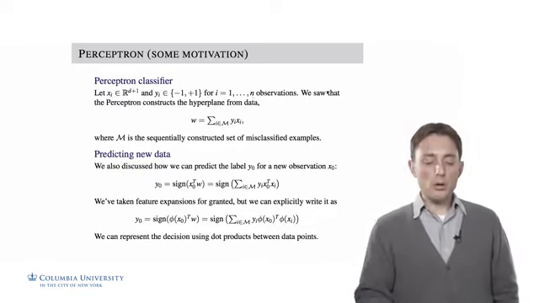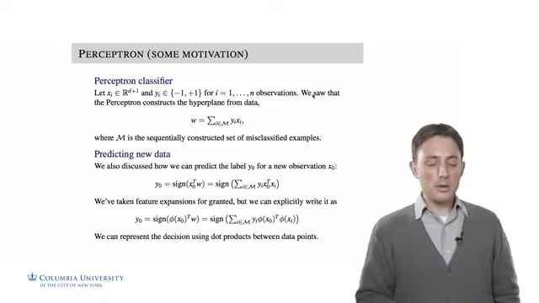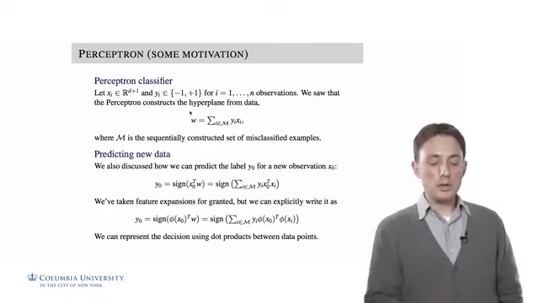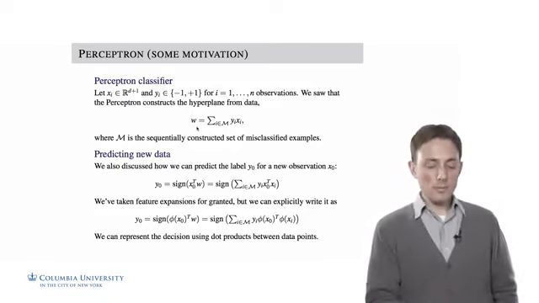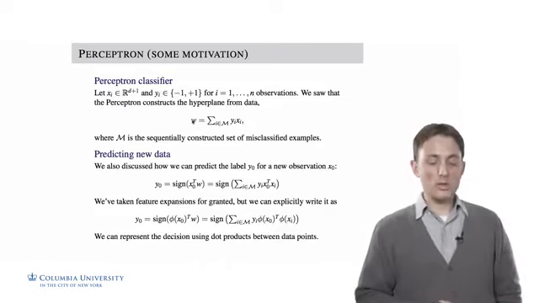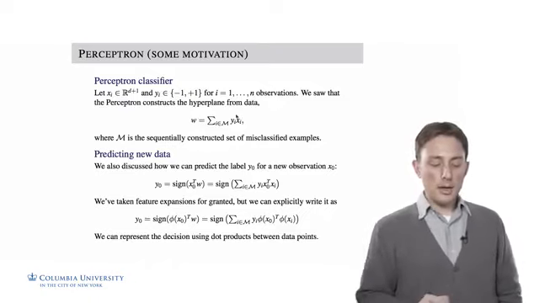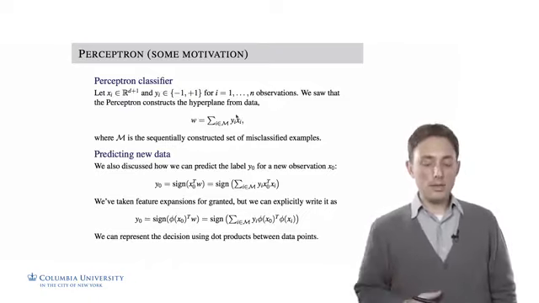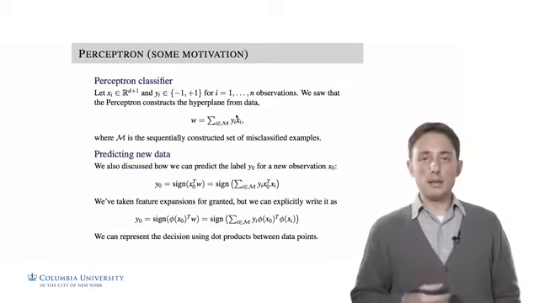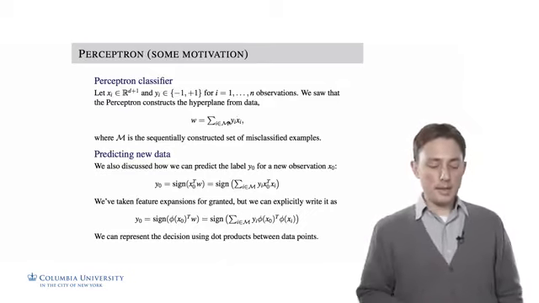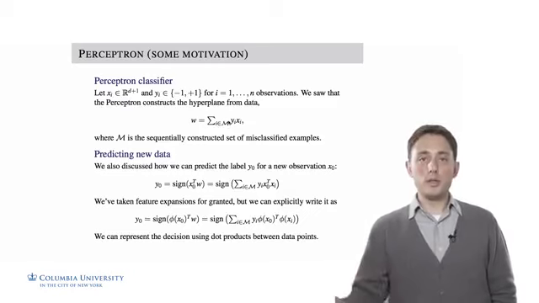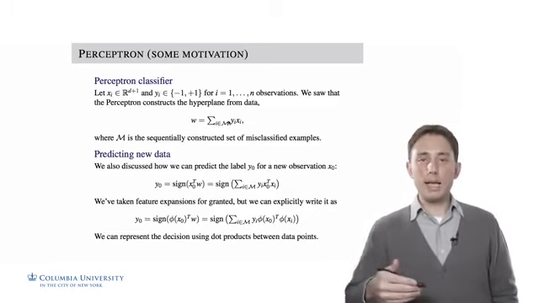So if you recall, for the Perceptron, we constructed a hyperplane, W. We constructed our decision boundary defined by the vector W as a sum of these misclassified observations. So let M be a set that's sequentially constructed of misclassified examples.